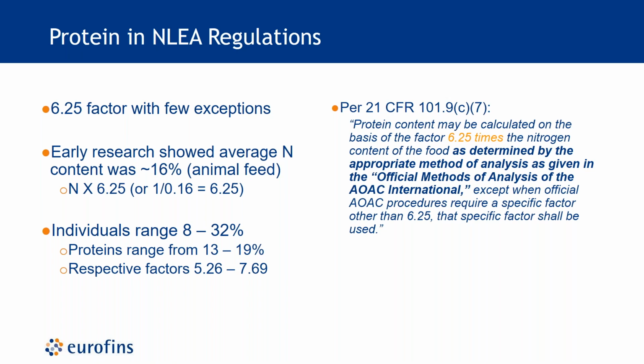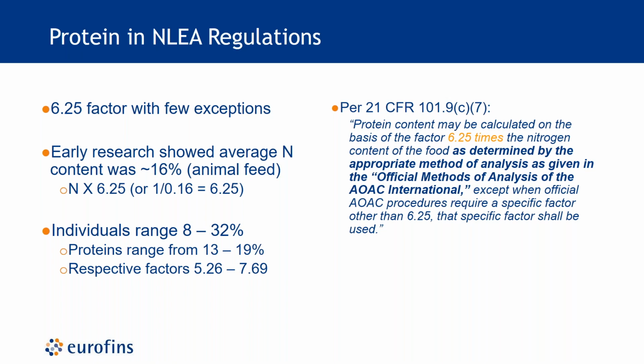Going back to one of our previous slides, I mentioned amino acids contain nitrogen. Well, what we know today is that the individual amino acids, there are about 20, range from 8 to 32% nitrogen.